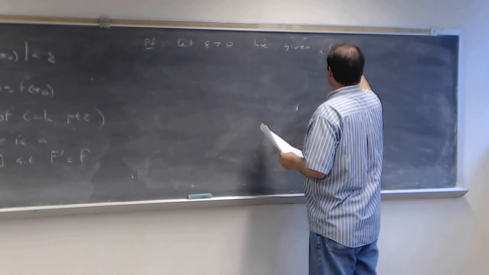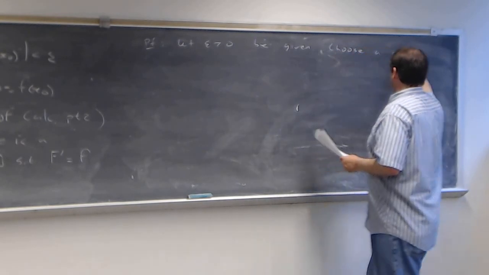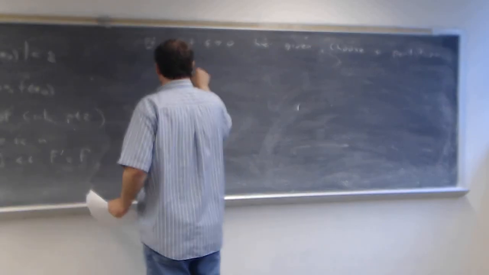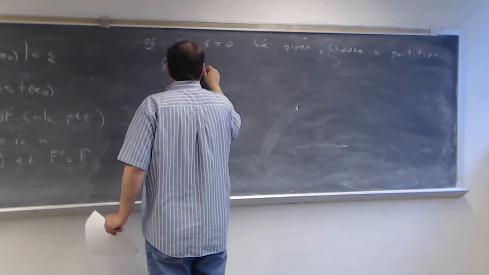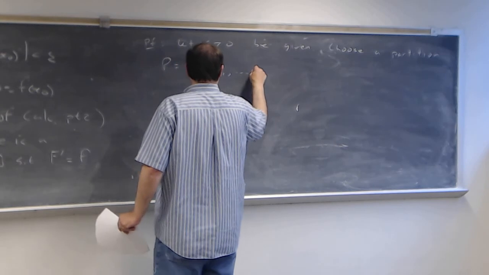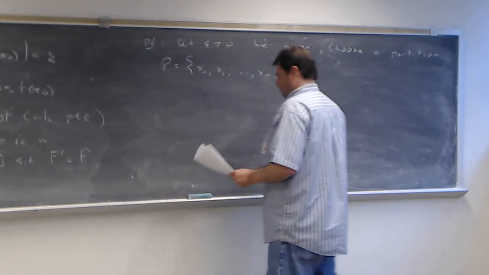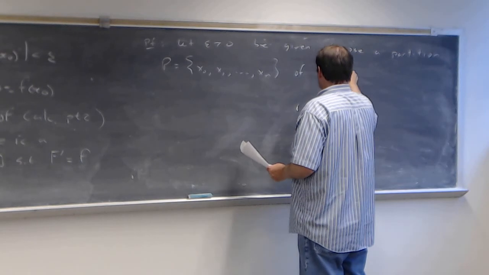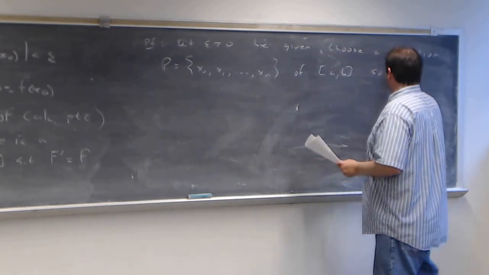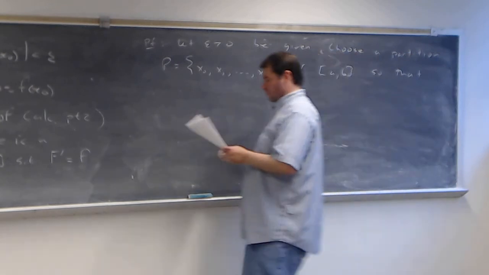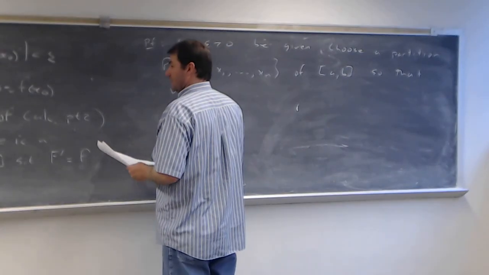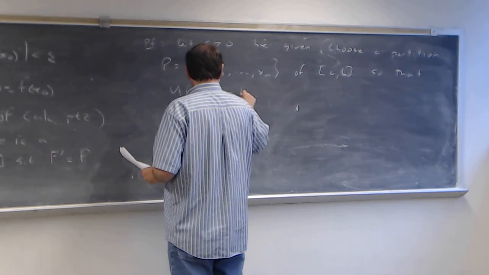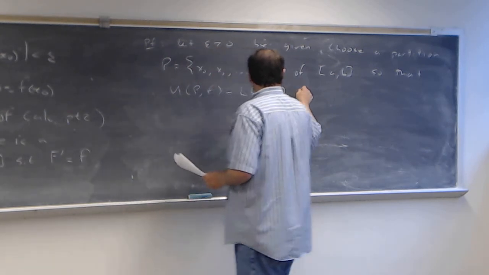Okay, we choose a partition, script P, which we'll write down x of 0, x of 1, all the way up to x of n, of a to b, so that, because f is Riemann integrable, the upper sum of the partition minus the lower sum of the partition is less than epsilon.